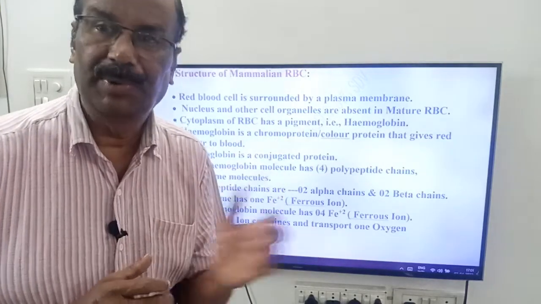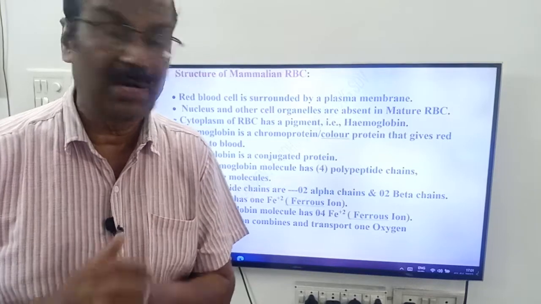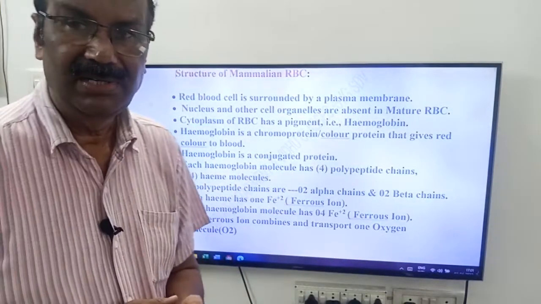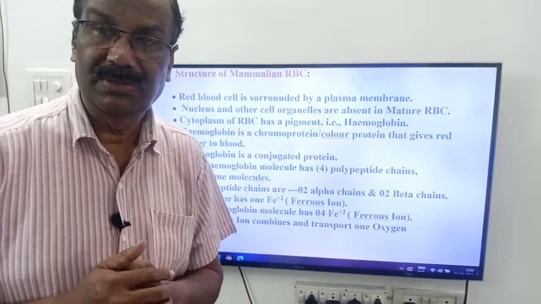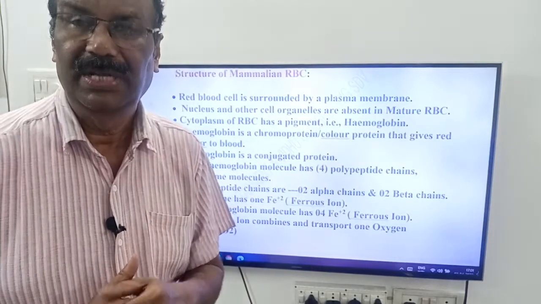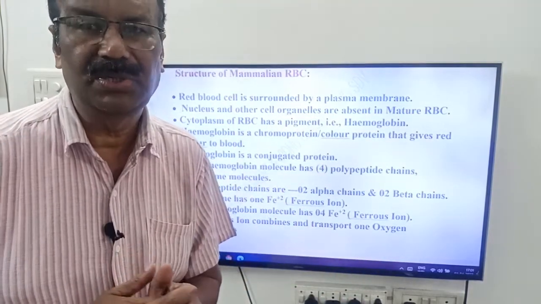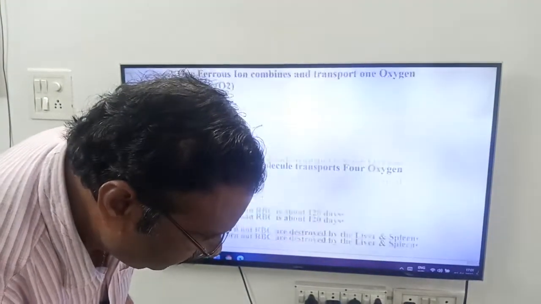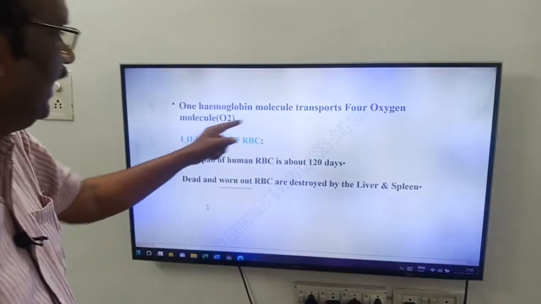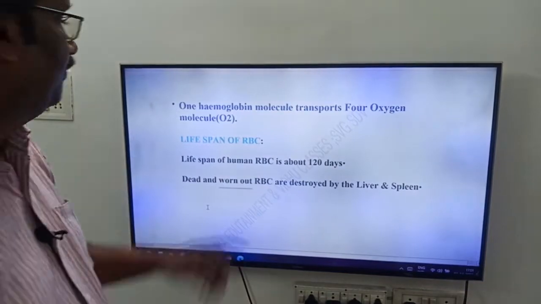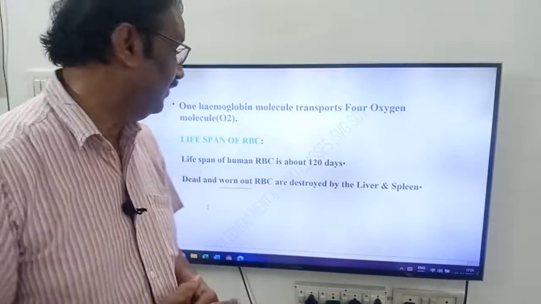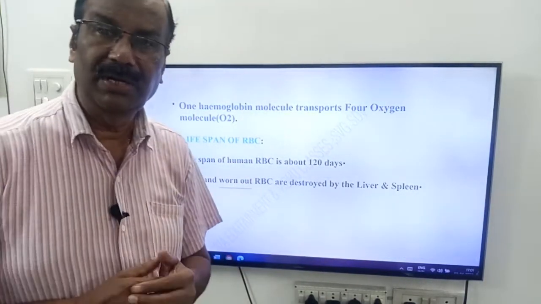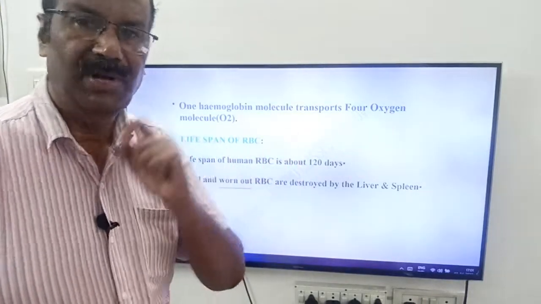Like that, one hemoglobin molecule has 4 Fe+2 or ferrous ions. One ferrous ion transports 1 oxygen molecule, means one hemoglobin molecule transports 4 oxygen molecules.